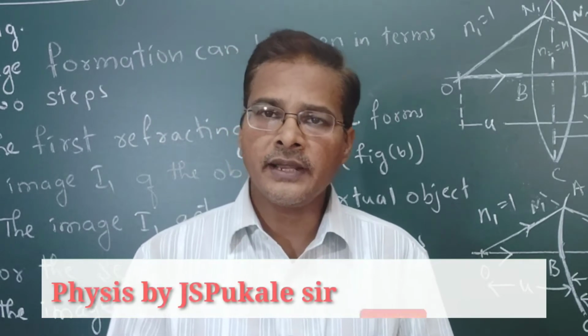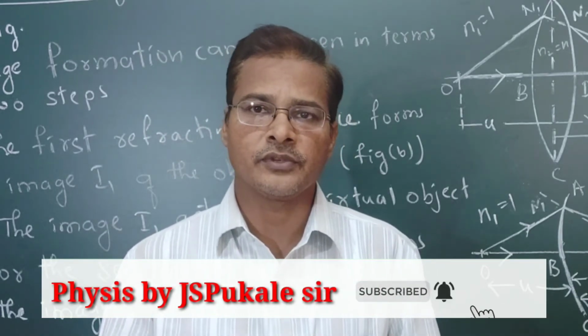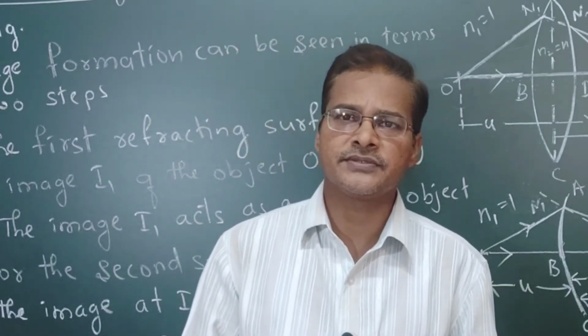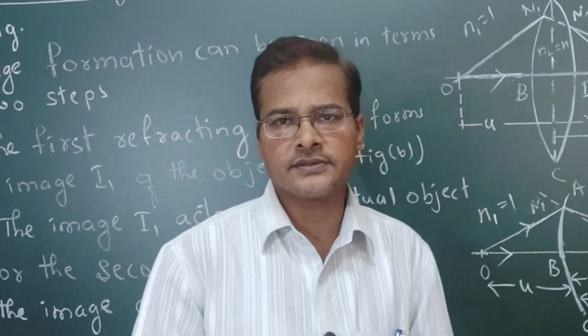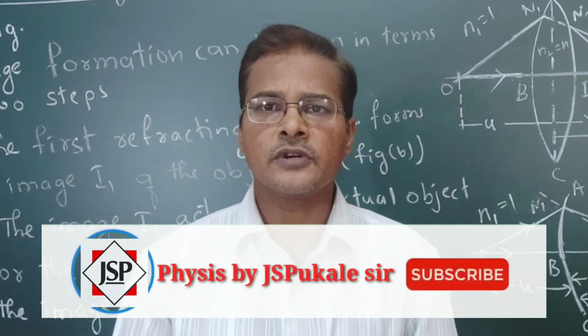When a ray travels from a denser medium to a rarer medium, it will be bent away from the normal. As we know, this concept is very easy to understand. The same thing happens in the lens also. How exactly it happens, that we are going to understand.